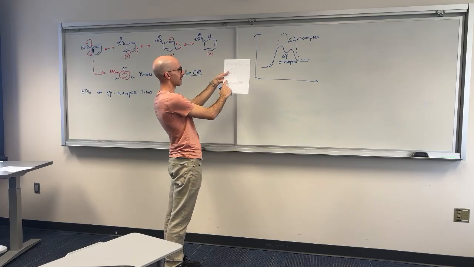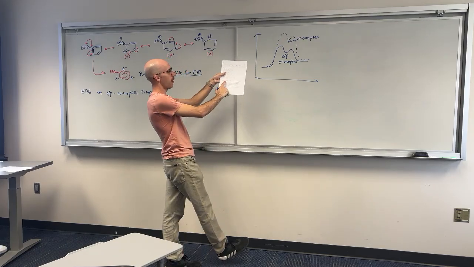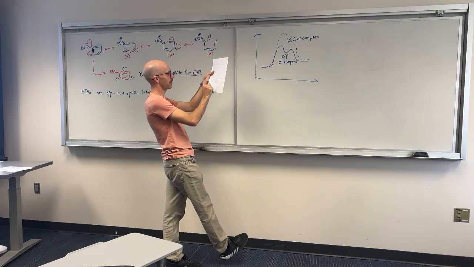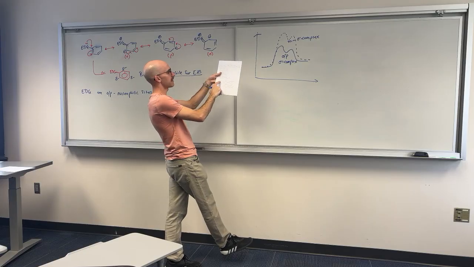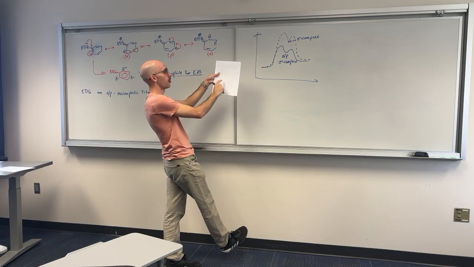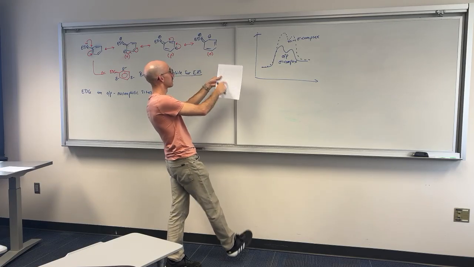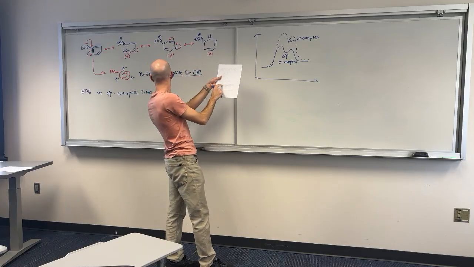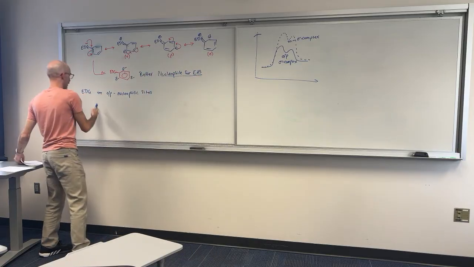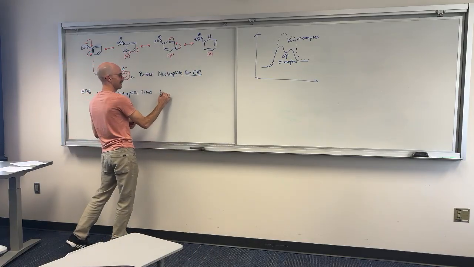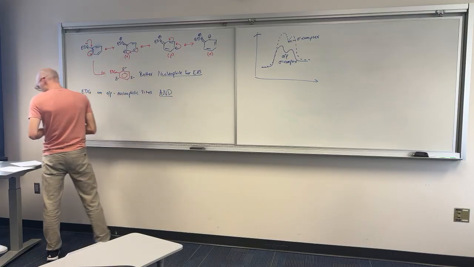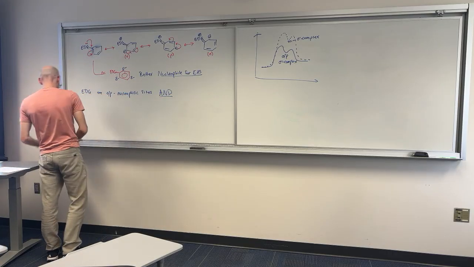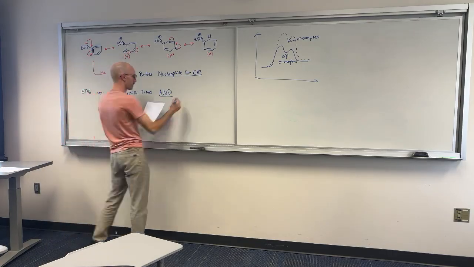For EAS, electron donating makes ortho-para positions better nucleophilic sites. I've even got it here still. And it does what to sigma complexes?